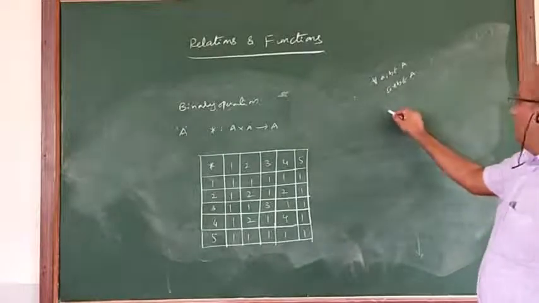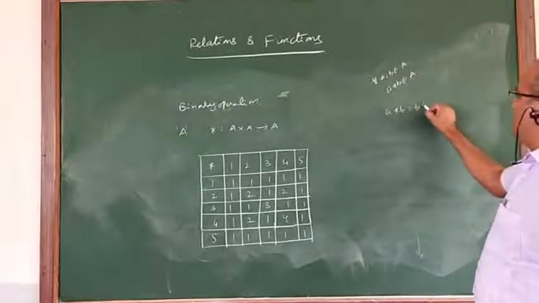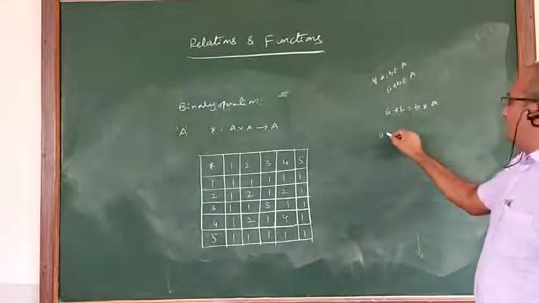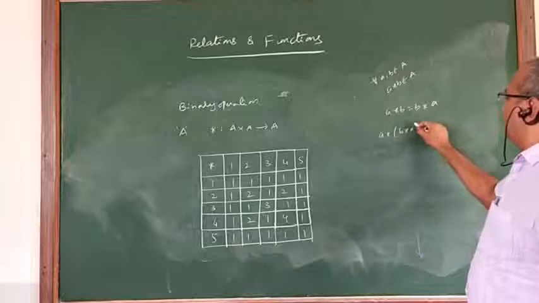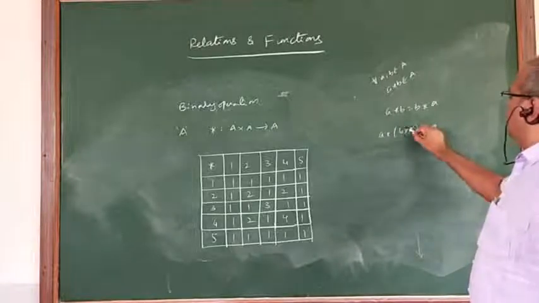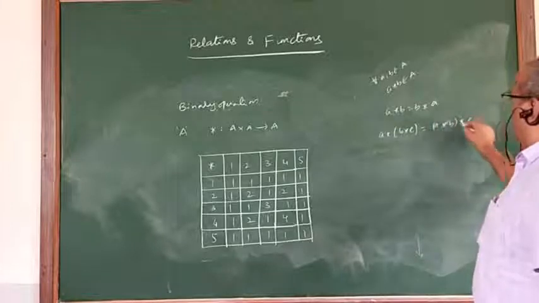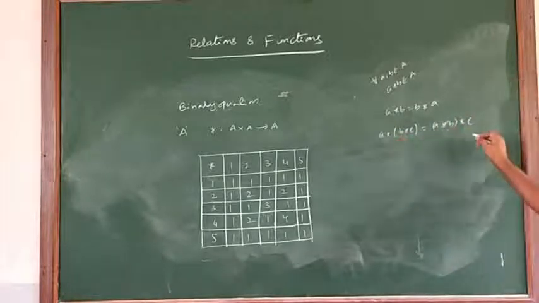Like that, if a star b is equal to b star a, then star is commutative. a star (b star c) equals (a star b) star c is called the associative axiom.